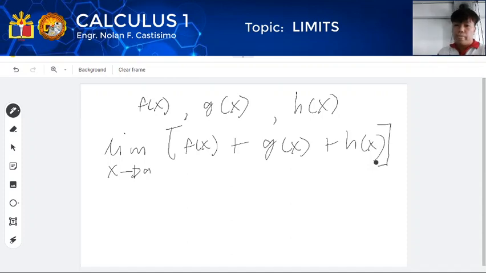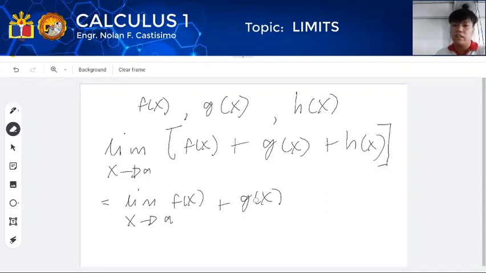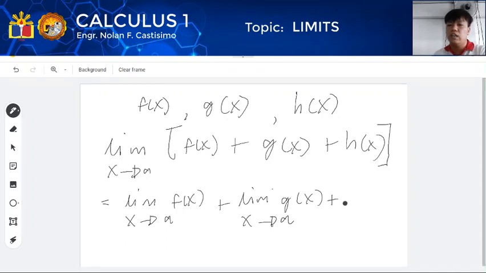So, paano natin yung paghihiwalayin? Equals limit of f of x as x approaches a plus, lagyan natin ng limit, limit of g of x as x approaches a. So, another, yung last, yung limit of h of x as x approaches a.